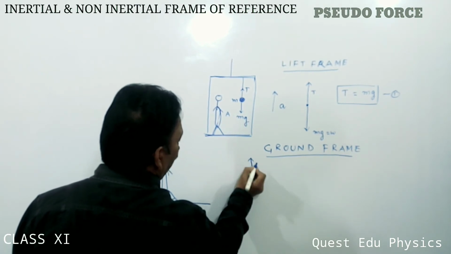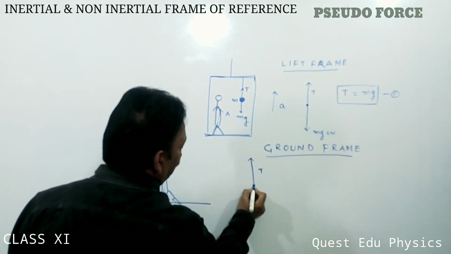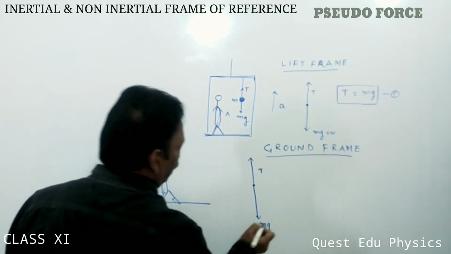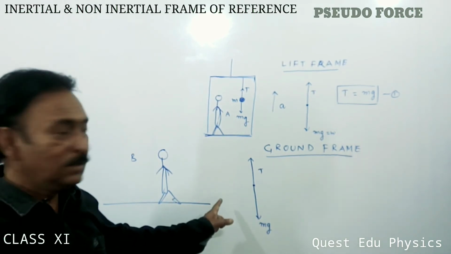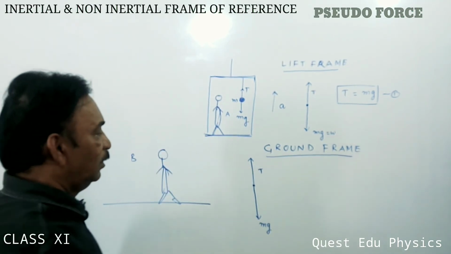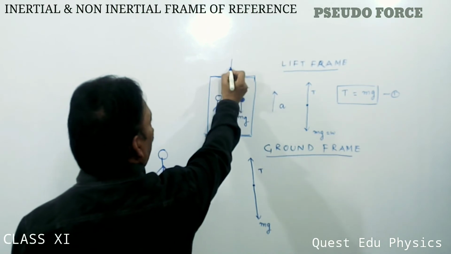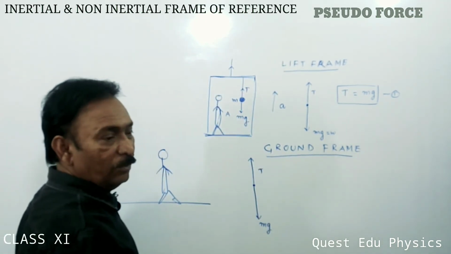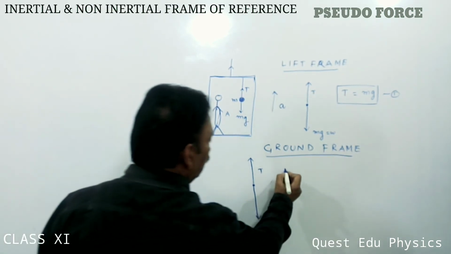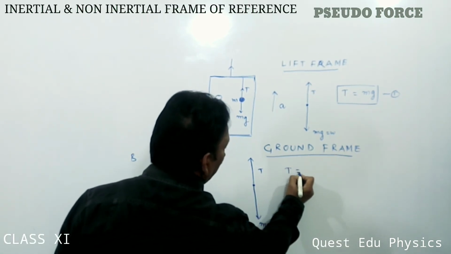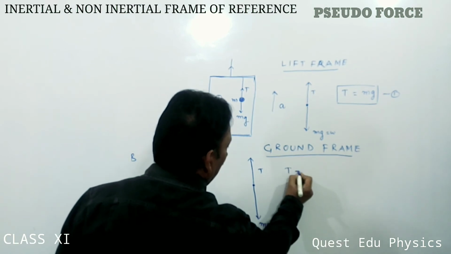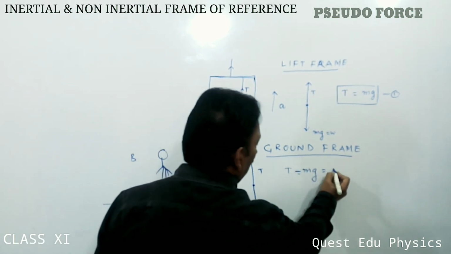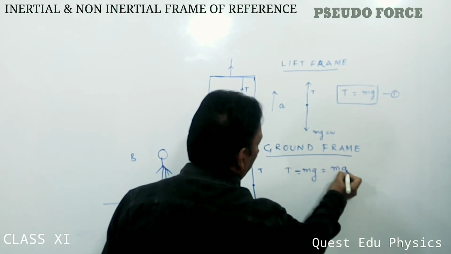Okay, students, it is the tension and it is the same weight. As the lift is moving up, the tension in the system is more than the weight of the body. The difference between the two provides a force, that is T minus mg is equal to the net force, we call it ma.